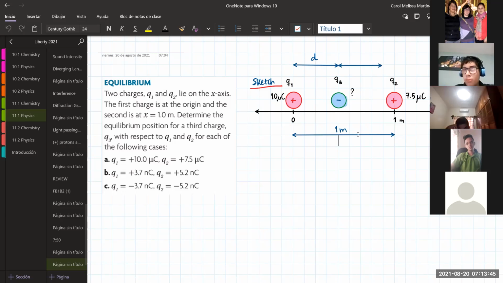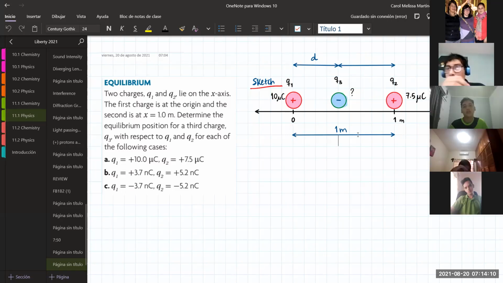So how is this portion going to be called? How can I call this portion here, in terms of D? B minus 1. No, close but different.